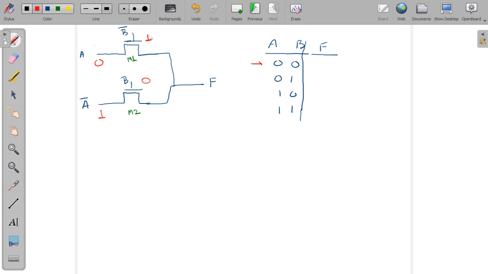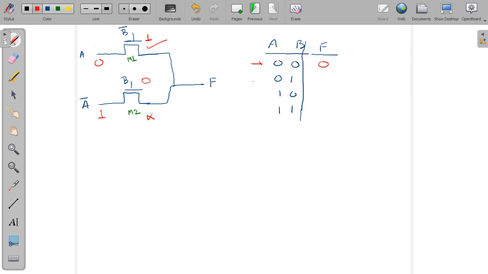M1 is having a gate connected to high potential, so M1 will be on, and M2 will be off, right? So M2 path is not available, so M1 path is available. So signal A will pass through M1 to F. And the value of A is 0, so F will become 0 here.